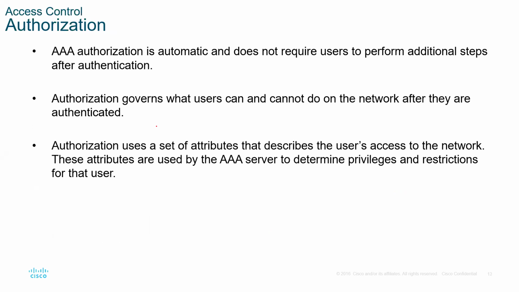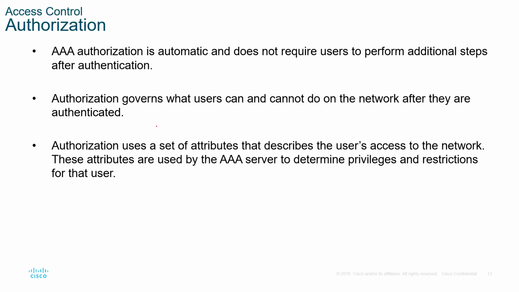Authorization. Authorization is automatic and does not require users to perform any steps. It governs what users can and cannot do. What are you authorized to do? It uses a set of attributes that describes the user's access to the network. These attributes are used by the server to determine privileges for that user.